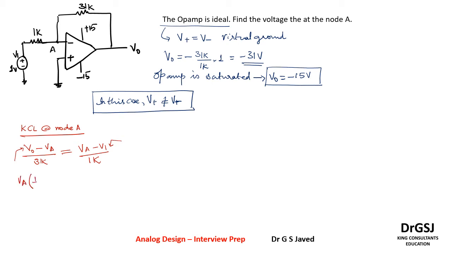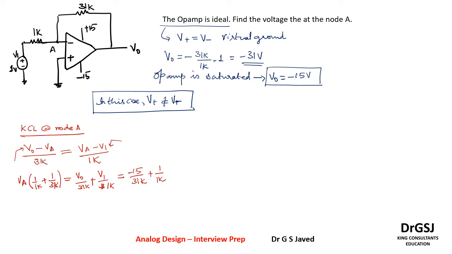So VA times (1 by 1K plus 1 over 31K) is equal to V naught by 31K plus V1 by 1K, which is equal to minus 15 by 31K plus 1 by 1K.